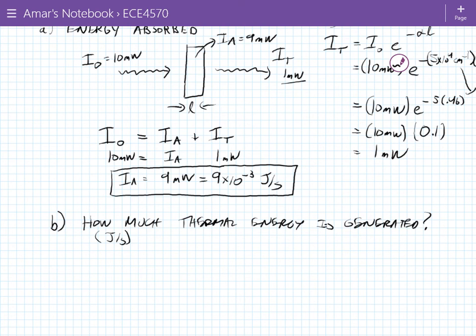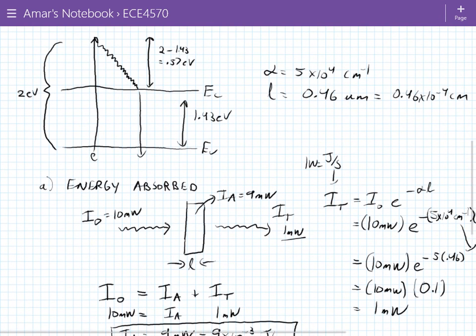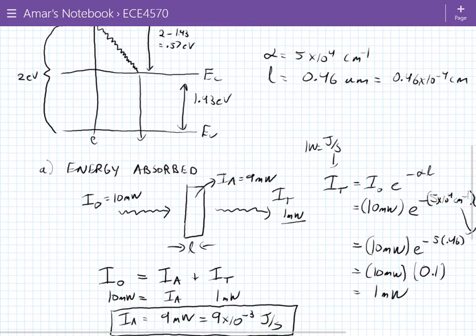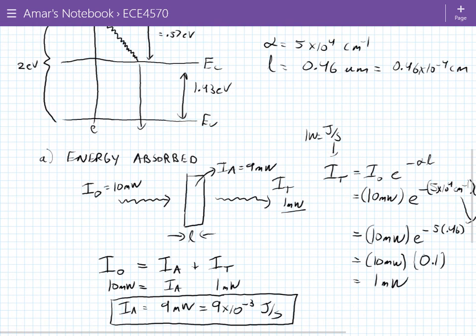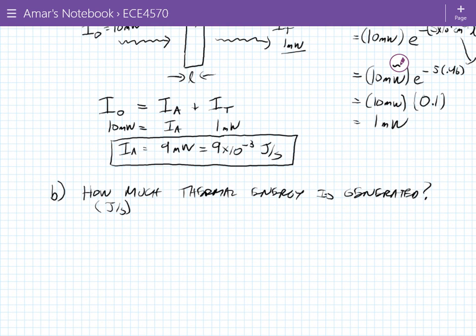The way that we'll figure this out is we can make this argument that says each electron, again, same thing, 2 electron volts absorbed, 0.57 electron volts is lost as heat. So we can say the percentage converted to heat is equal to 0.57 electron volts divided by 2 electron volts.